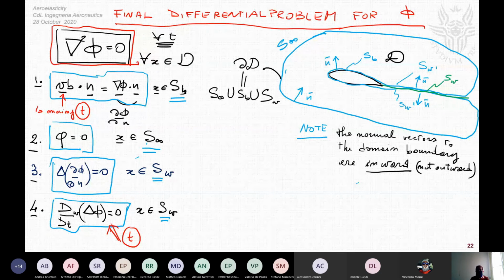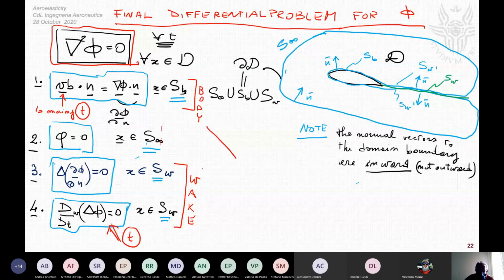Okay? So I have completely defined my problem, and we have just to establish a link between what happens on the wake and what happens on the body. The connection between what happens on the body and the wake is the following.